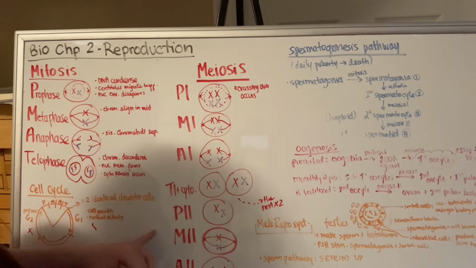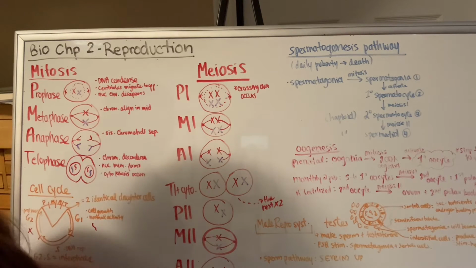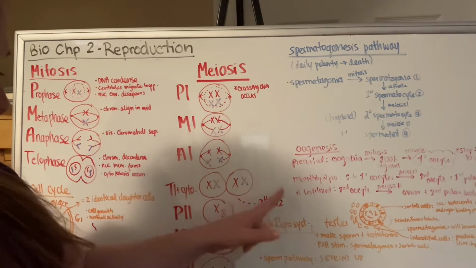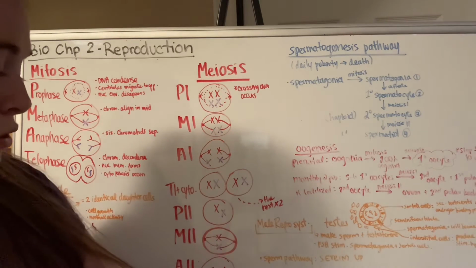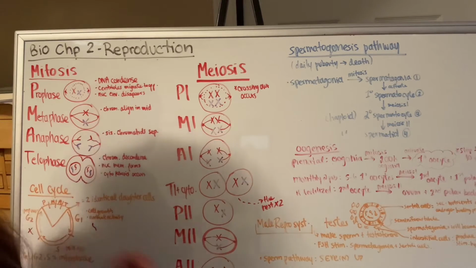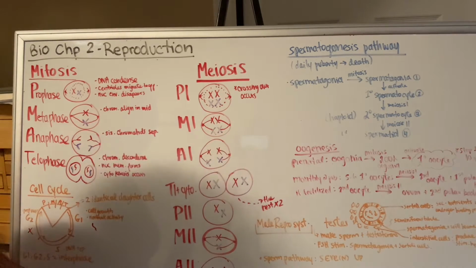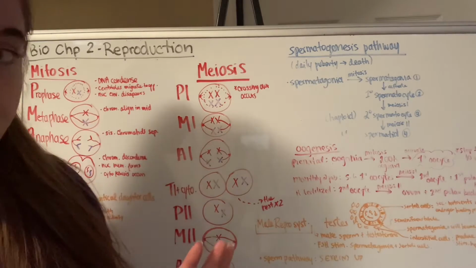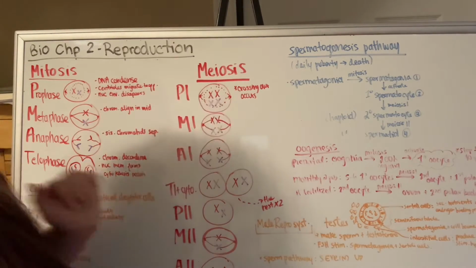Now we have anaphase 2, where the sister chromatids are separated, and then you end with telophase 2 and cytokinesis. So now we have 1, 2, and if this one was carried through all these steps, you'd have 3, 4. So now you have 4 haploid daughter cells, and they're not identical because of the recombination that can occur.